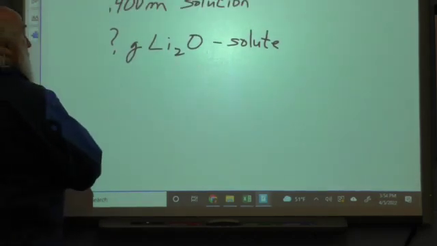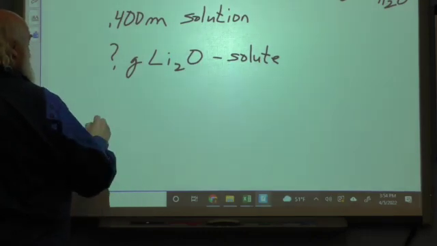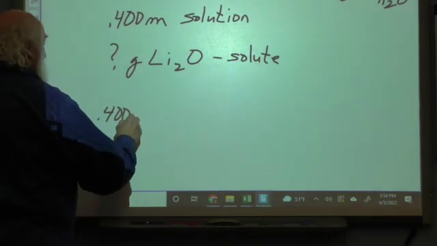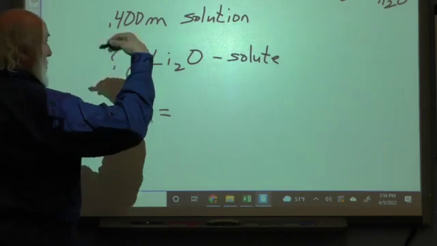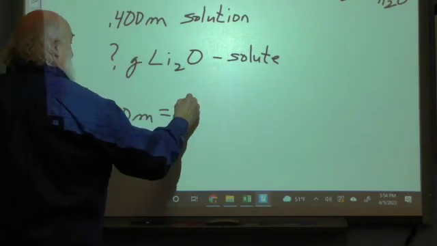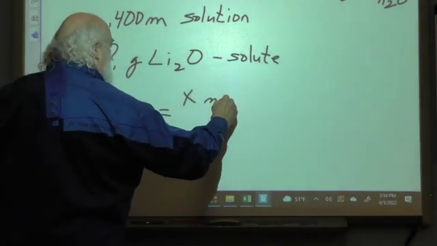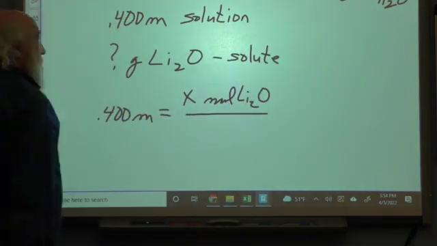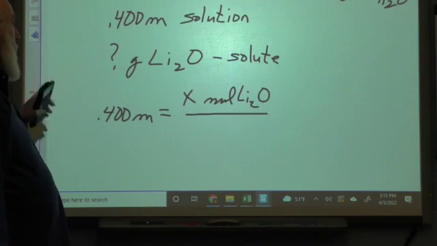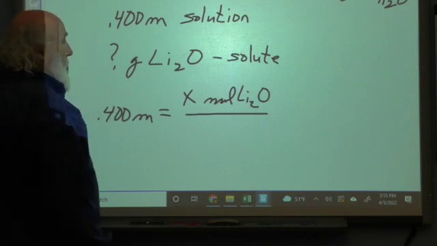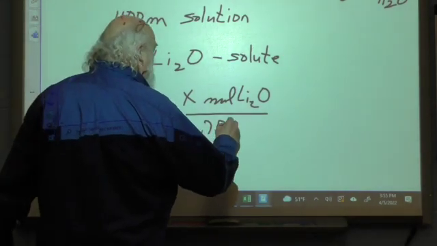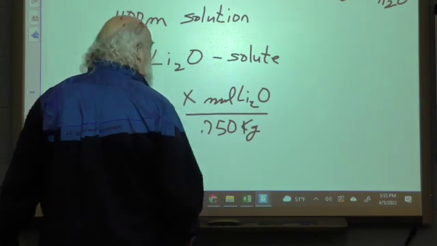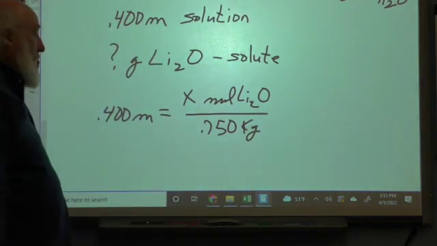So let's do that. We are given a solution of 0.400 mole per kilogram is equal to the solute, which we don't know, so that's our X moles of lithium oxide over the solvent here, which is 0.750 kilograms.